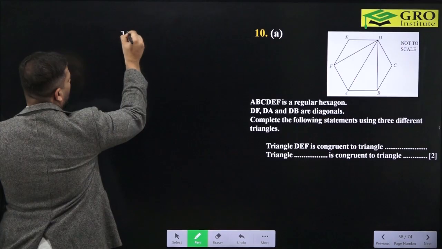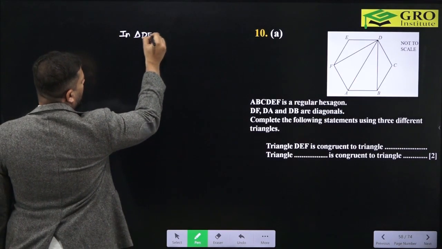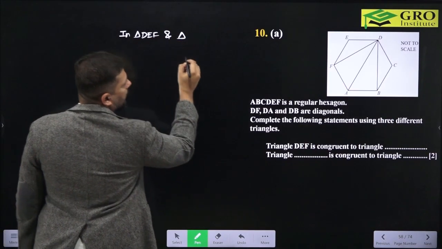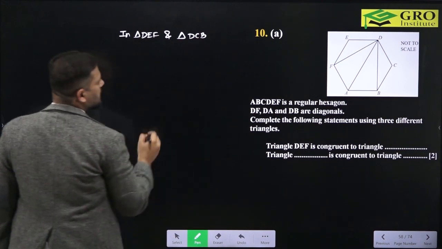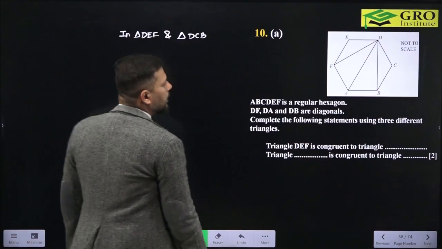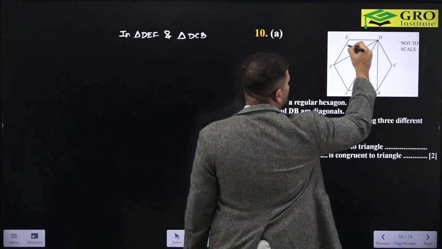So in triangle DEF and triangle DCB, what we see, guys, we know that the angles of this given hexagon are going to be equal to each other.